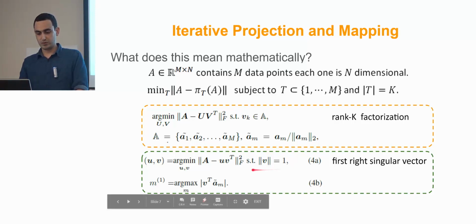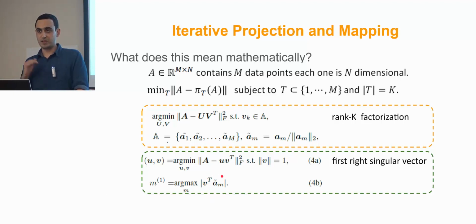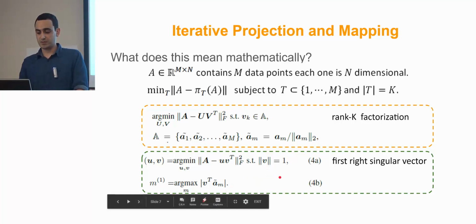Then to enforce this constraint again, we find the most correlated sample with that vector, and we select that as our selected sample. Then in the next step, we do the null space projection. Then in that residual space, we perform the same steps again.